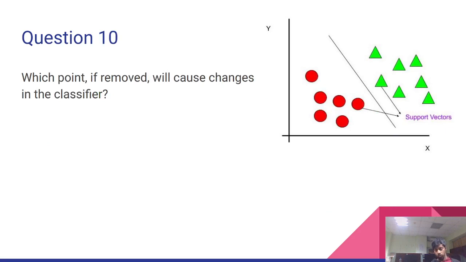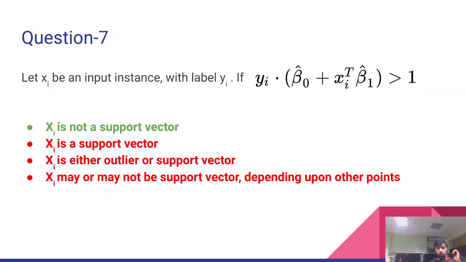Sir, if we increase the number of features, what will happen to this SVM? Does it increase its bias? Number of features means number of examples, or what do you mean by that? Suppose you have a point here.